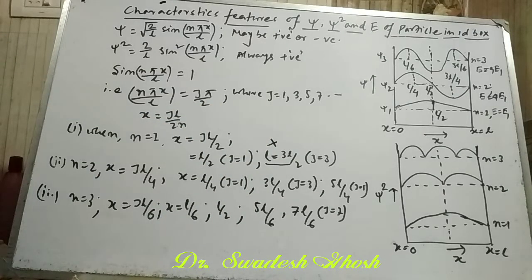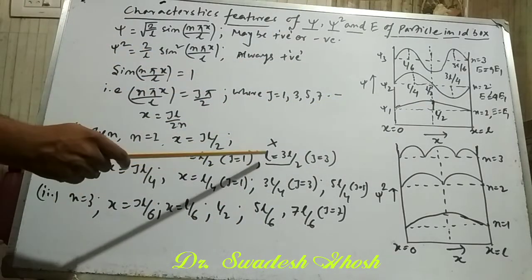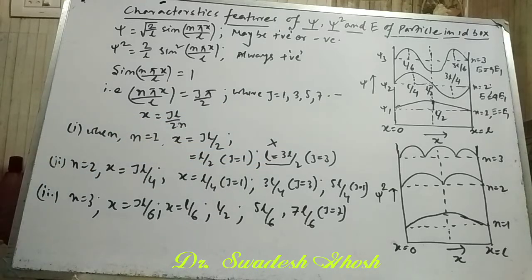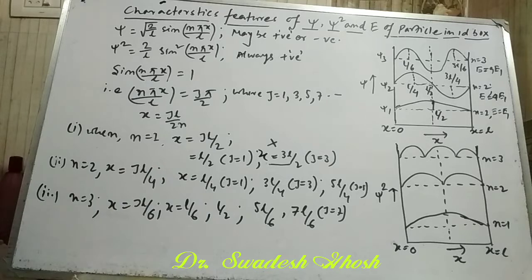We already know that the particle is moving along the x-axis in the region between 0 to L, but here the value of x is 3L by 2.